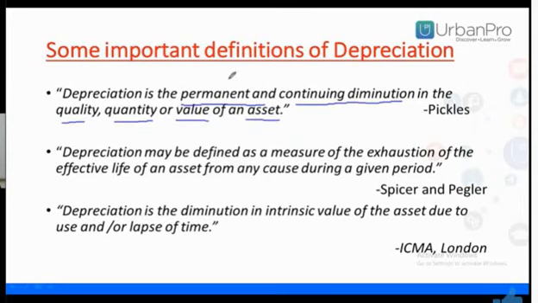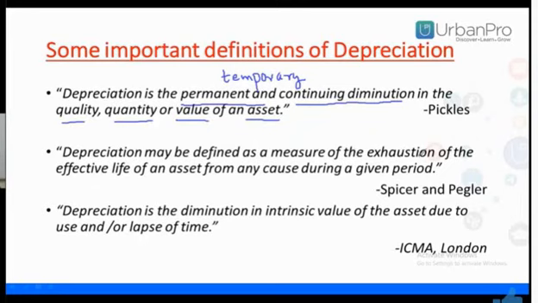It means that depreciation is not temporary. It is charged on permanent basis. It's not that we are charging depreciation for some years, then we'll not charge depreciation for some other years. No, you have to charge depreciation every year, and it is a continuing process.